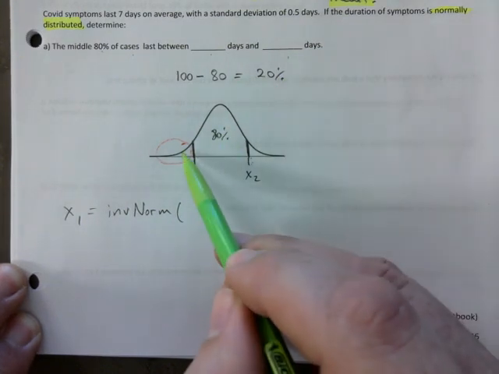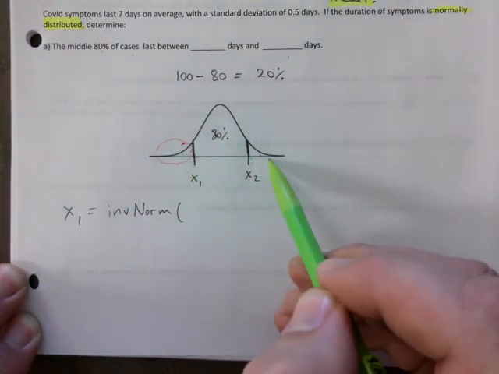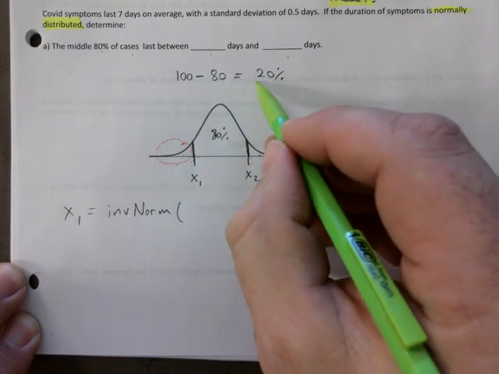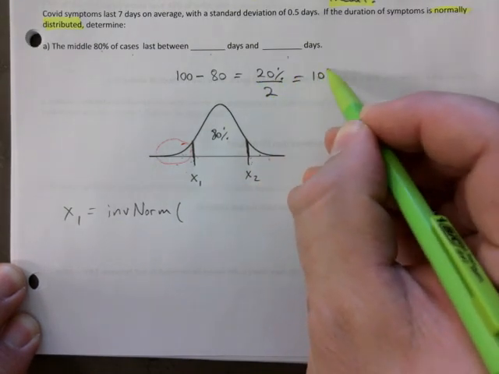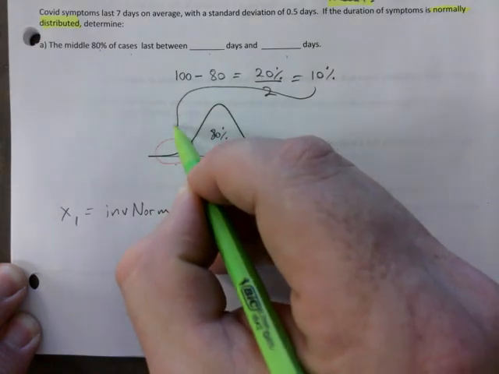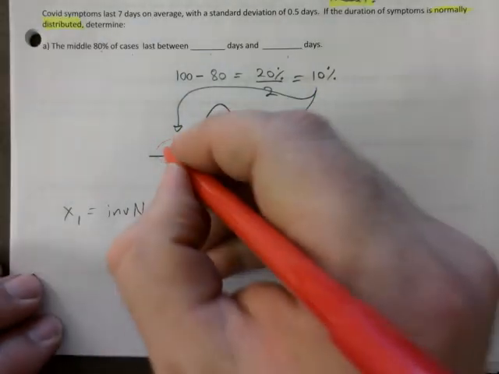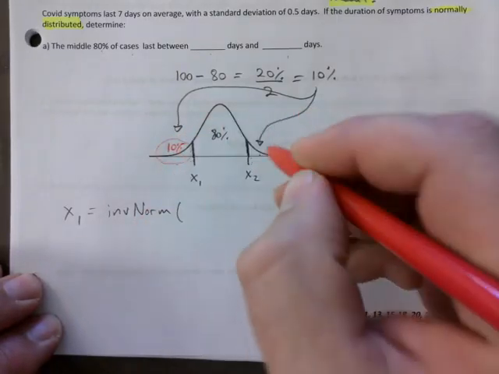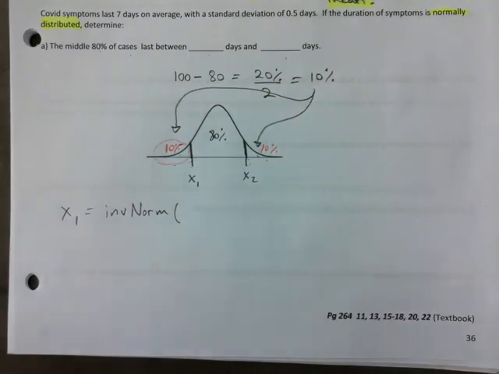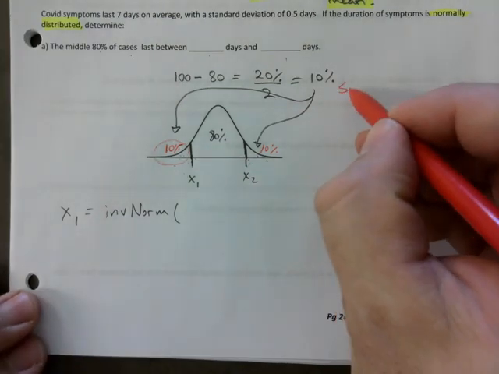Is it fair to split 10 and 10 over here? It's symmetric, so you're going to split that in half, and that's 10%. So 10 goes here, and 10 goes there. I almost had an embarrassing moment where I didn't know my own question, right? So this is the premise to know symmetry.